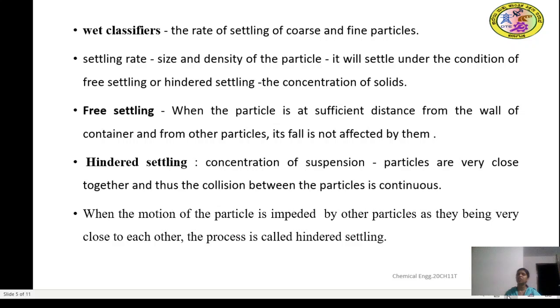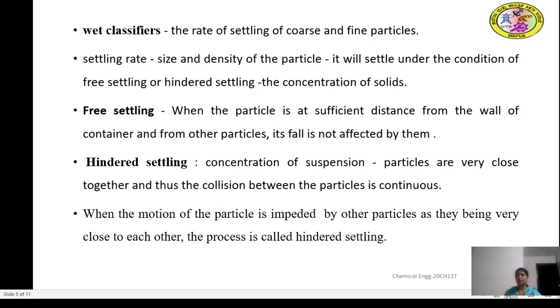Such a situation we call free settling; the particle will settle very freely. The settling is not at all disturbed by the wall of the container or by other particles, and then we call it free settling.